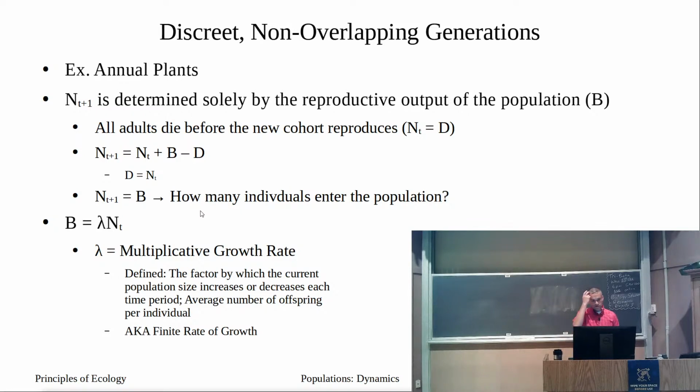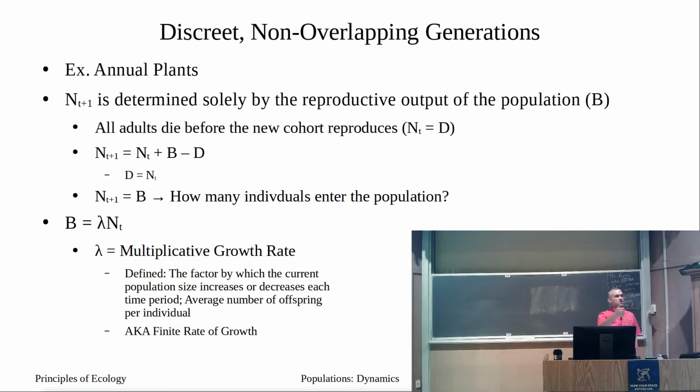All right, so we're going to start with the discrete, non-overlapping generation, which is annual plants. Our population size at the next interval, N sub t plus 1, is going to be determined solely by the reproductive output in our population. It's not going to be affected by anything else. Now, it may seem strange, and you could ask, shouldn't deaths and migrations affect this?